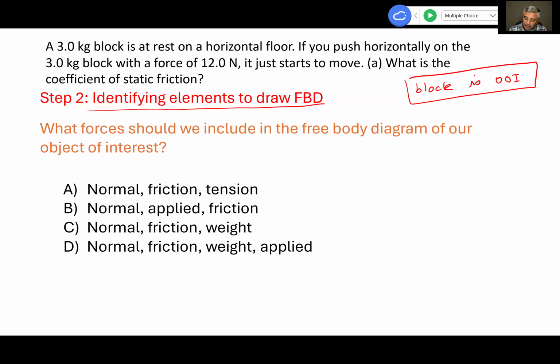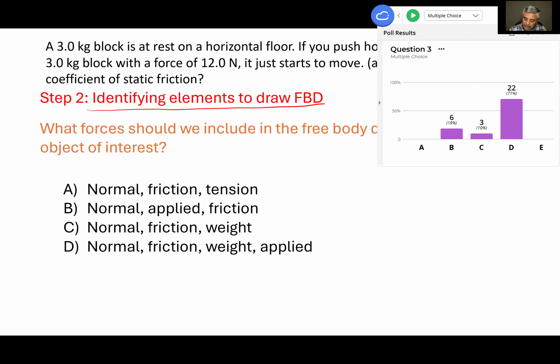Okay. So let's see. We mostly got D. A has normal, friction, and tension. Since this is not being pulled by a string, there is no tension force, so nobody chose A. That's great.